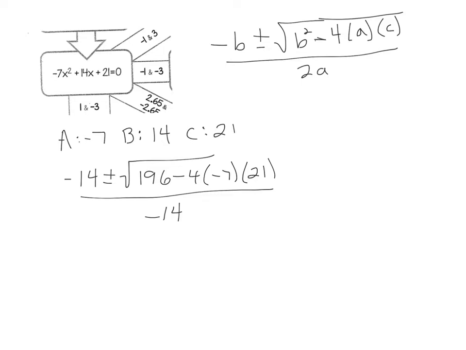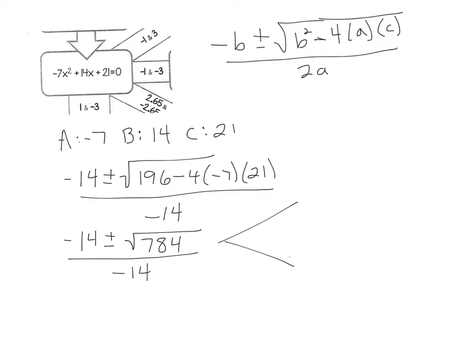So I have negative 14 plus or minus the square root of 196 plus 588. That gives me 784. Whole thing divided by negative 14.